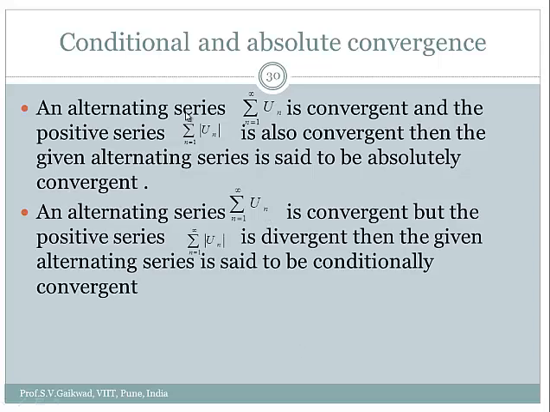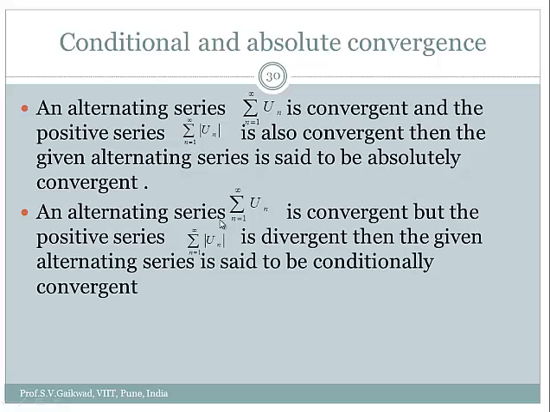understand conditional and absolute convergence of alternating series. This is an alternating series, sigma un. Now if this series is convergent and its positive series sigma mod un is also convergent, then the given alternating series is said to be absolutely convergent.